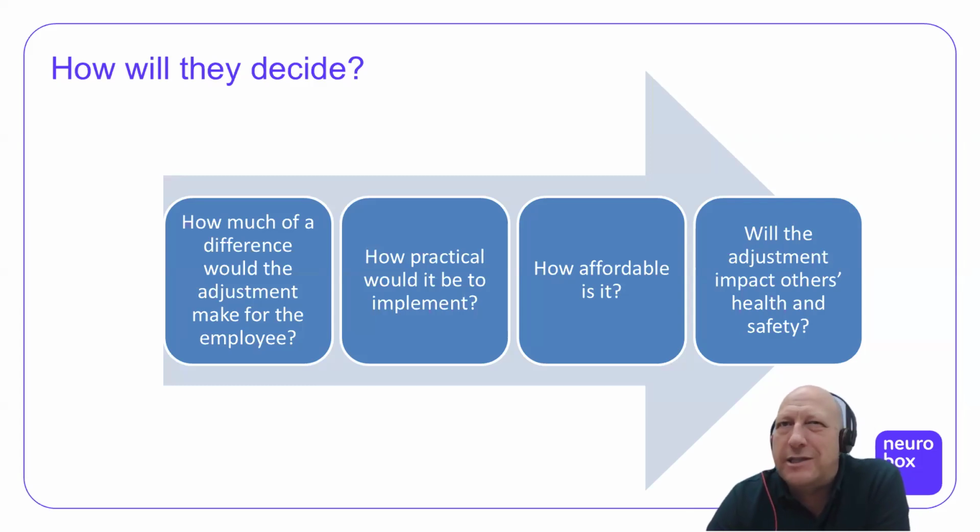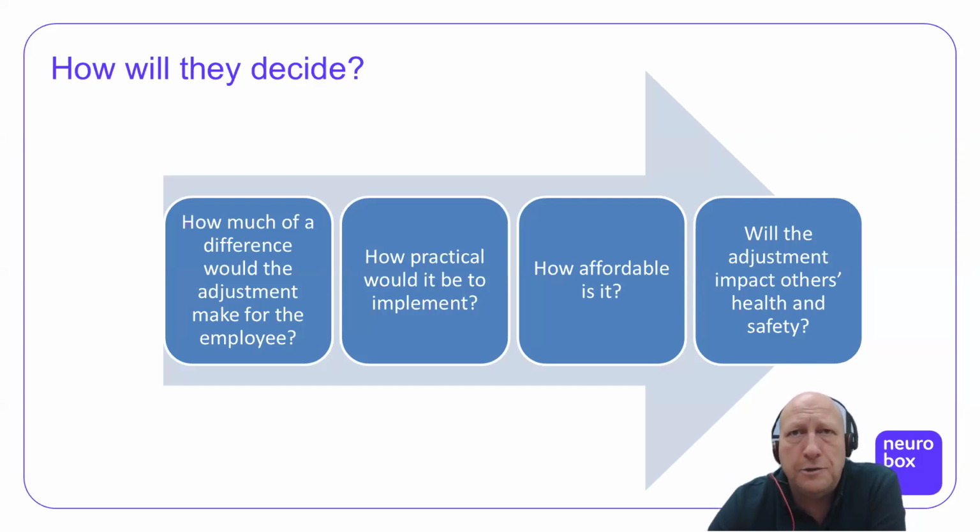How much of a difference is it going to make? Is it the difference between perhaps making one aspect of their role a little bit easier, or is it the difference between them being able to do their job and not? How important is this adjustment?